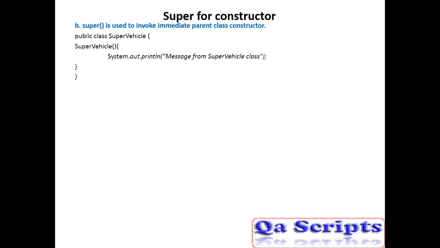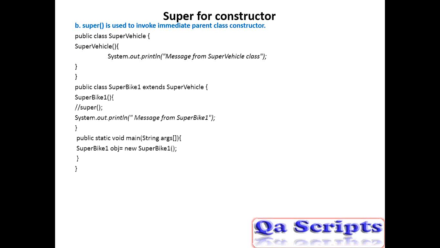Let me write one simple class called super vehicle. Inside that I will create a constructor using the same class name. Inside the constructor I will write one message to print out: message from super vehicle class.